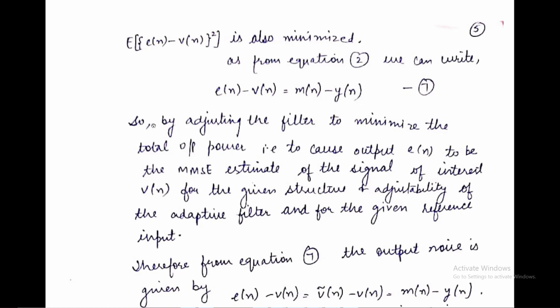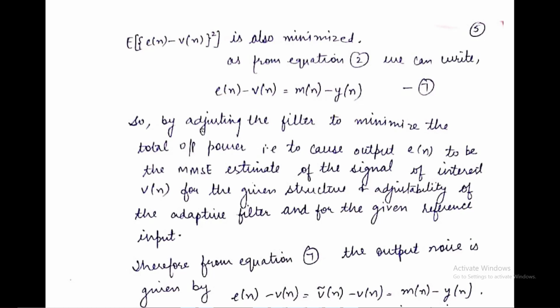So by adjusting the filter to minimize the total output power, that is to cause output En to be Vn, or I can say to be the minimum mean square estimate of the signal of interest Vn for the given structure and adjustability of the adaptive filter and for the given reference input.